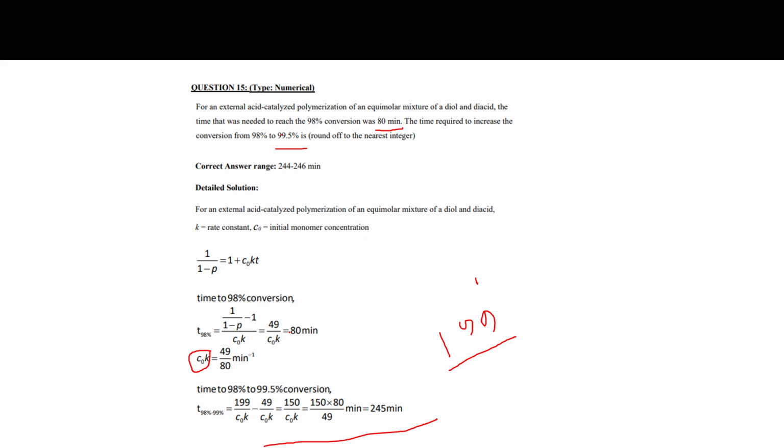So your C0K value will be 49 divided by 80. Then 80 will be multiplied here, so the time will be 199 into 80 divided by 49, which comes to around 324.